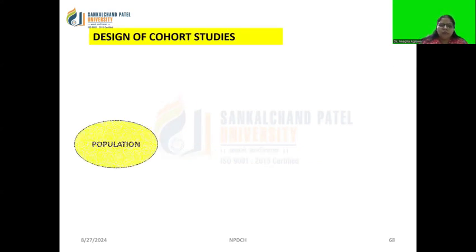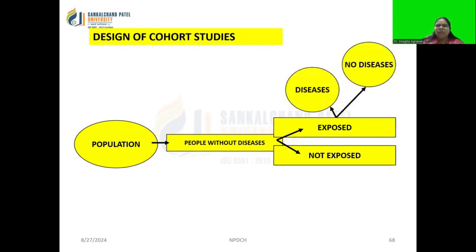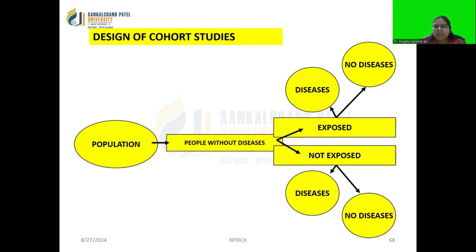So the design of a cohort study is: a population without disease that can be divided into exposed, that means exposed to the risk factor, or people who have that risk factor, and people who are not exposed to the risk factor. Then we need to find out, over a follow-up period, whoever from the exposed group has developed the disease and whoever from the non-exposed group has developed the disease.